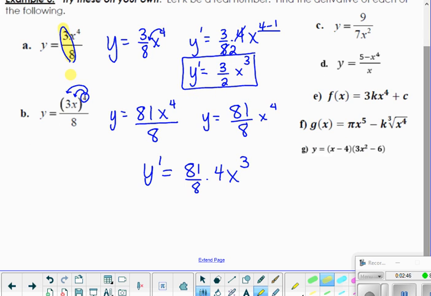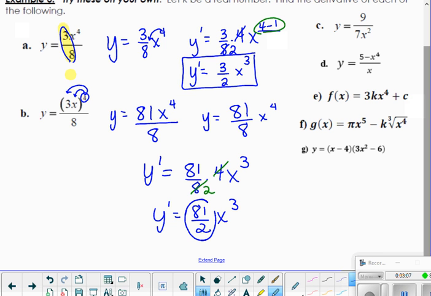And I'm sure, I didn't show you the -1 because now we've done this for a while. You're probably getting annoyed with me showing the -1 each time. So 4 goes into 8 2 times, and my final answer would be 81 halves x to the 3rd.